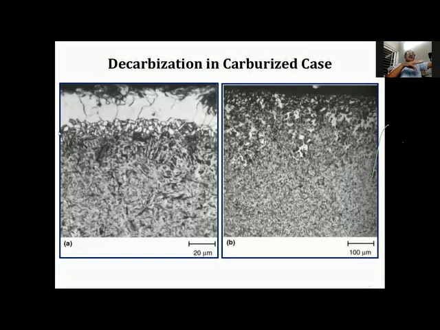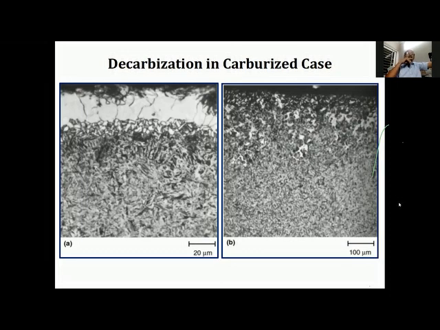So naturally, this kind of structure is totally unacceptable. The other one has small patches, small areas of ferrite which are present there.